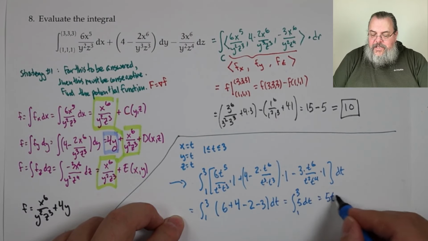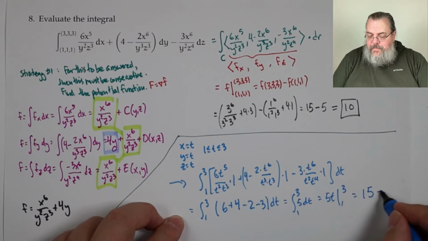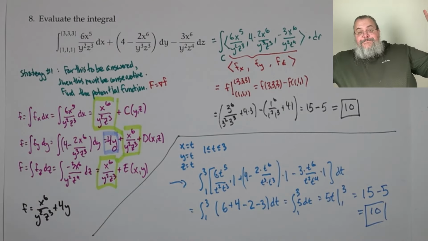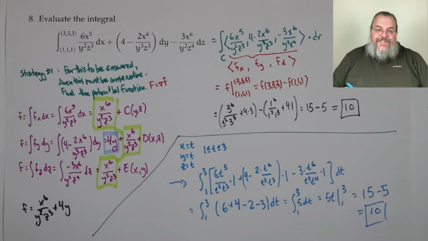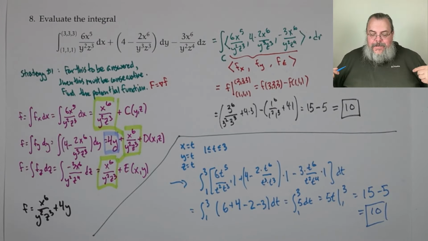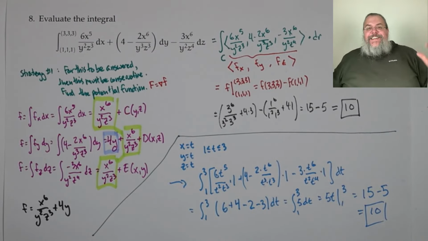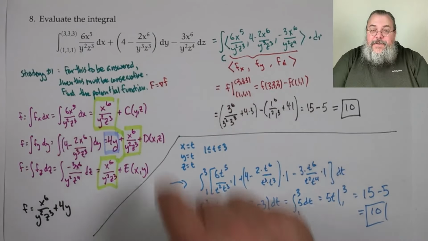That's 5t, evaluate from 1 to 3, which makes this 15 minus 5, also known as 10. And they're both valid answers. And you look at this and say, I kind of like this one. Great! If you love it, run with it. If you don't, this is also perfectly fine.